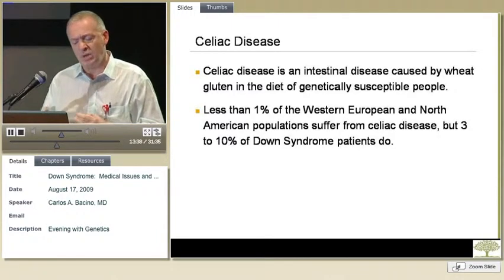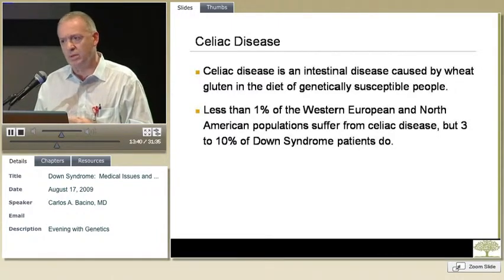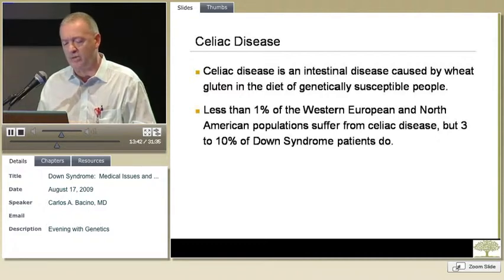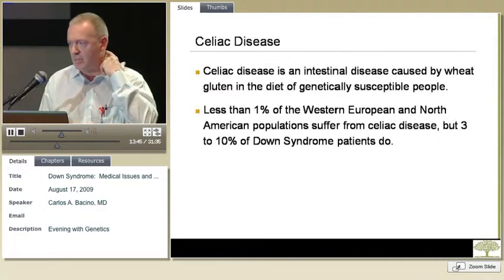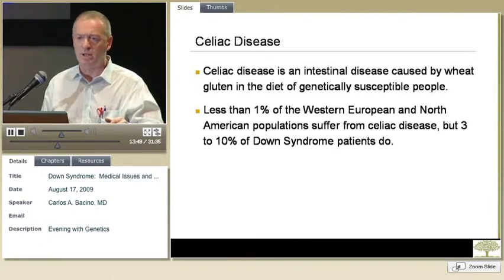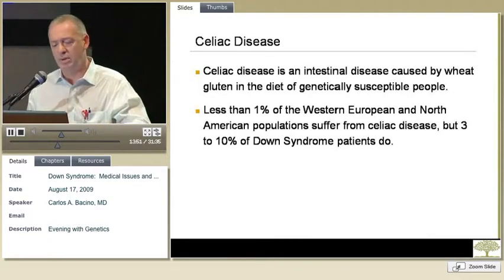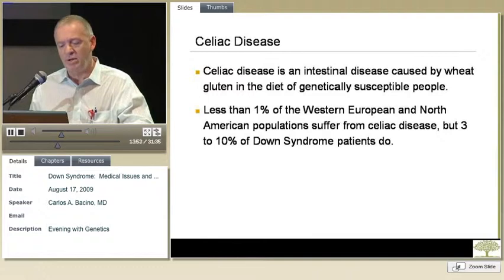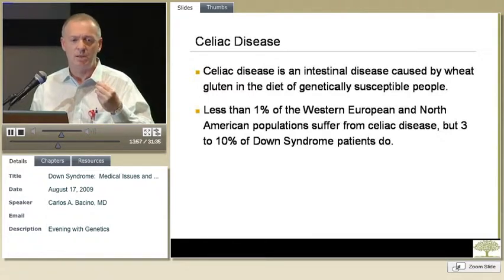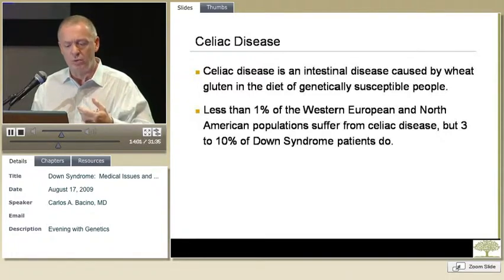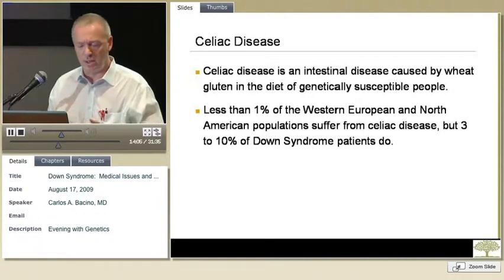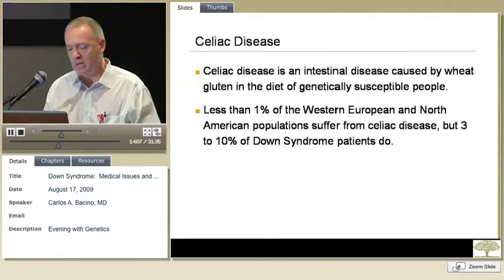So the next topic I wanted to touch on briefly is celiac disease. You may have heard of celiac disease because it's a relatively common disorder, and we know that celiac disease is caused by a protein called gluten that causes damage to the gut, or the intestine.